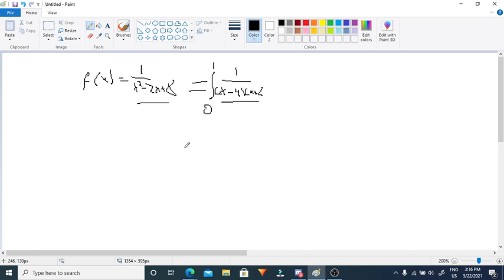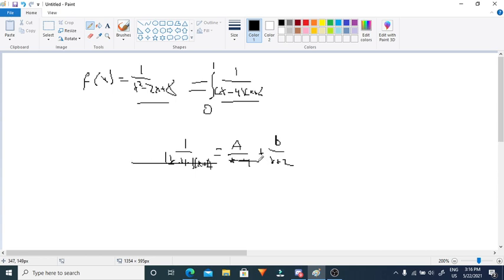So in order to do this, we have 1 over x minus 4 times x plus 2 equals some value a, which we don't know, over x minus 4, plus some value b over x plus 2. And so we're going to just multiply by x minus 4 times x plus 2 on both sides just to cancel this out.